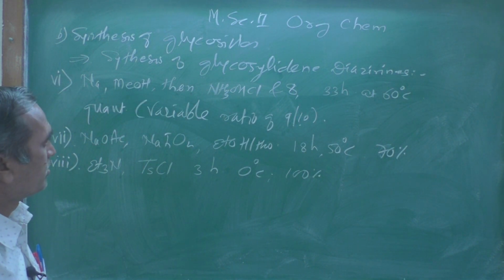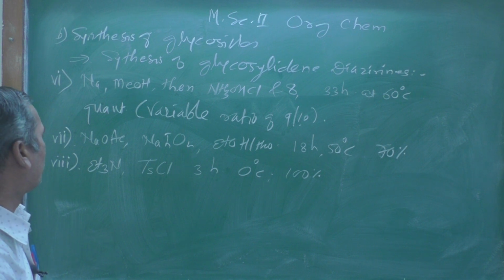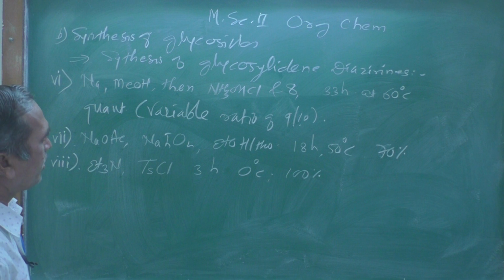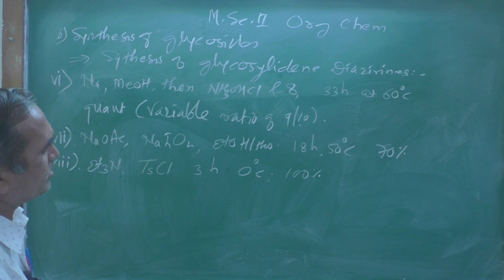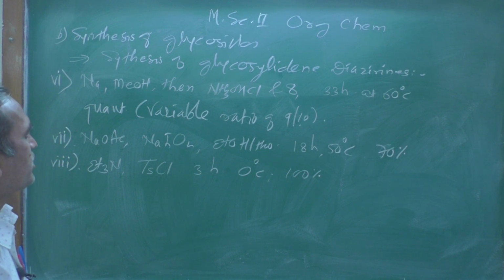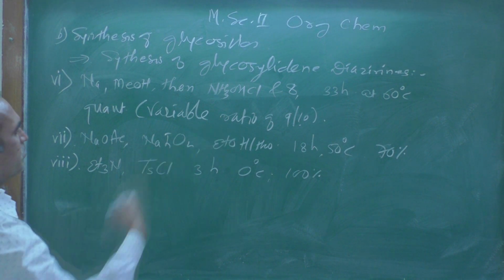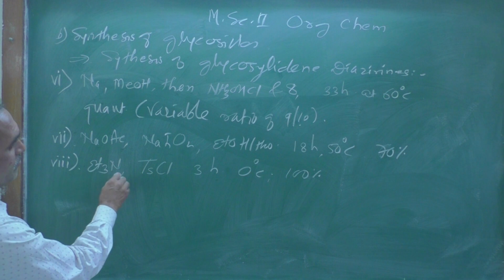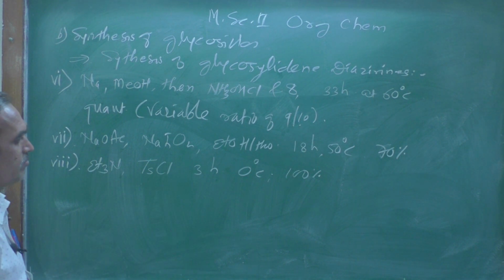When the structure number 9 and 10 is treated with this, we got a 70% yield, and the structure number 11 further treated with this, we will get the 100% yield.